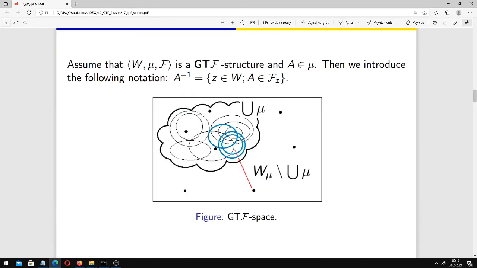Well, just as you can see here, for example, this point gets this blue family of open neighborhoods. But he does not belong to any of them. Moreover, we may introduce the following notation. A to the power of -1 is the set of those elements of our universe for which A is in their F(z) family.